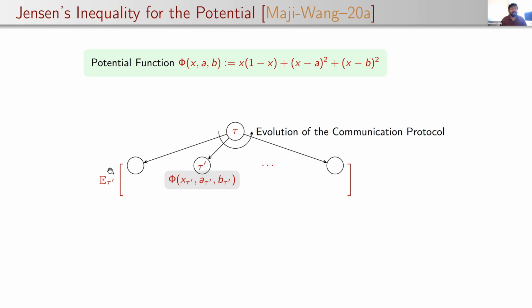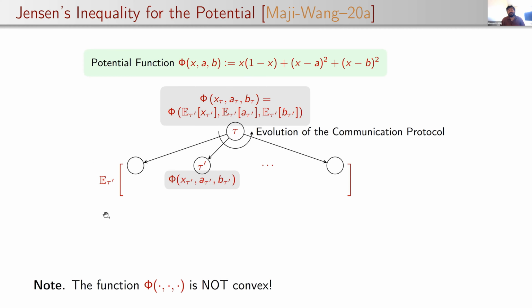And we are computing the expected value of this potential function. At the root, we have the potential of the expected values. So now we need to compare the potential of the expected values with the expectation of the potential values. We would like to prove that the quantity on top is greater than or equal to the quantity below.